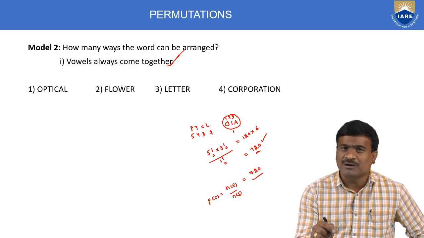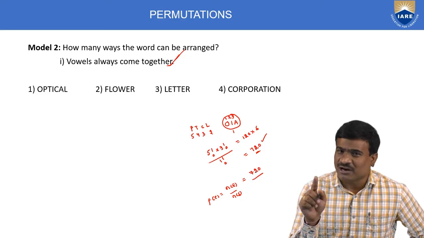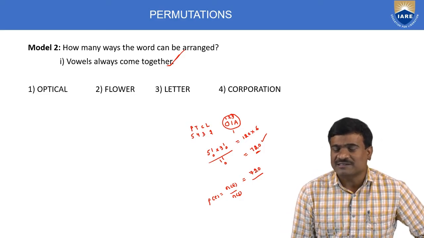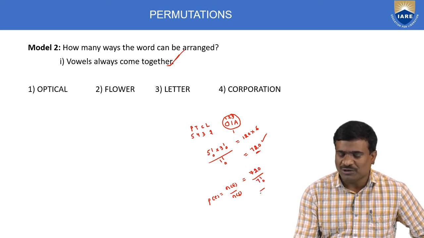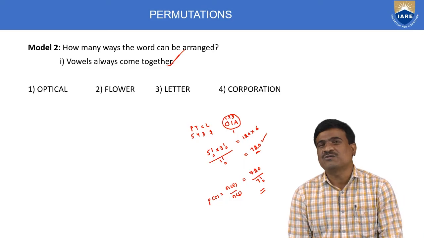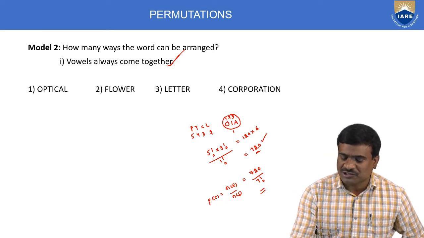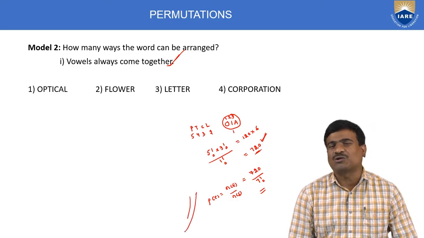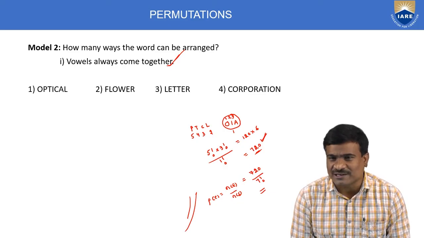That model is already completed, the first model in permutation. The total number of arrangements in OPTICAL is equal to 7 factorial. Then the probability is equal to 720 by 7 factorial. For permutation only, the answer is 720, but for the same question asking for probability, the answer is 720 by 7 factorial.